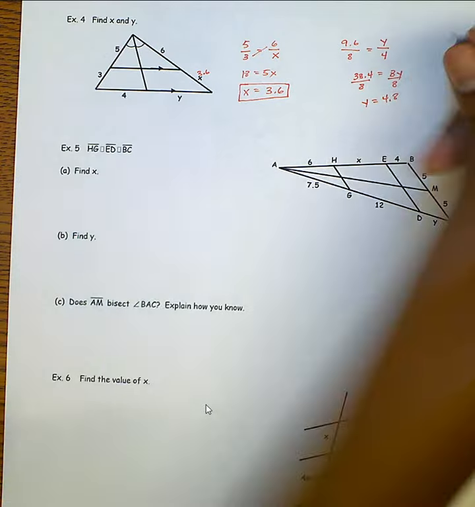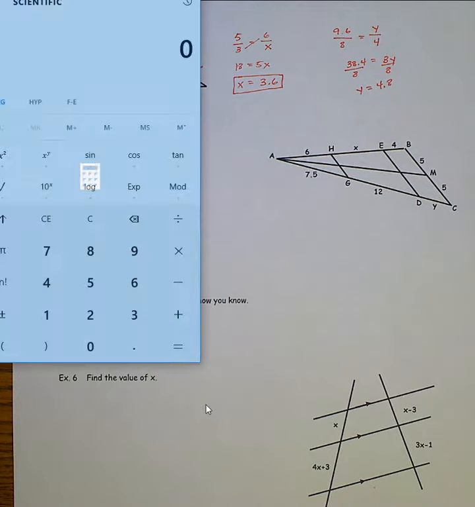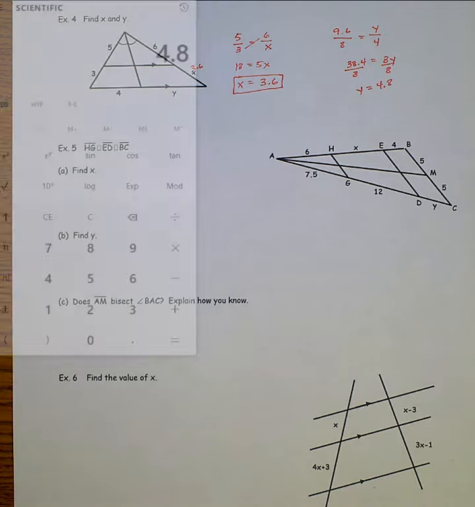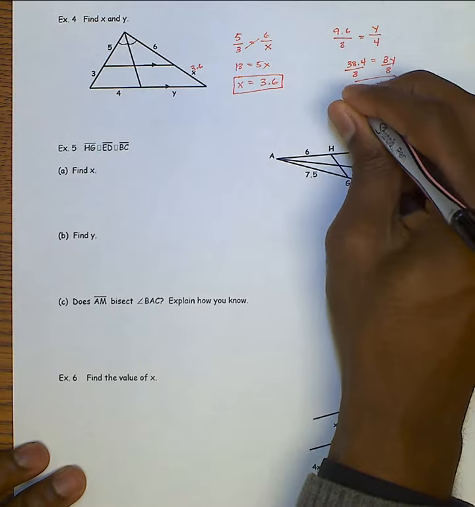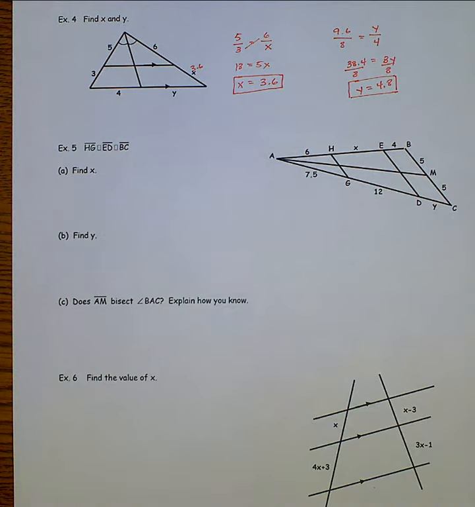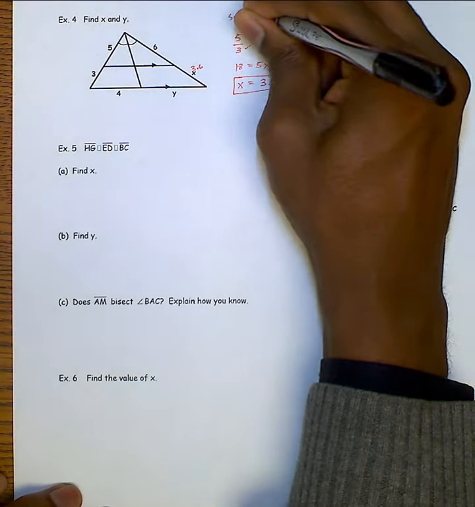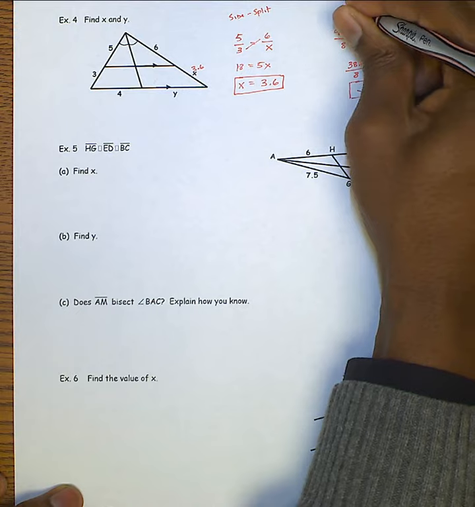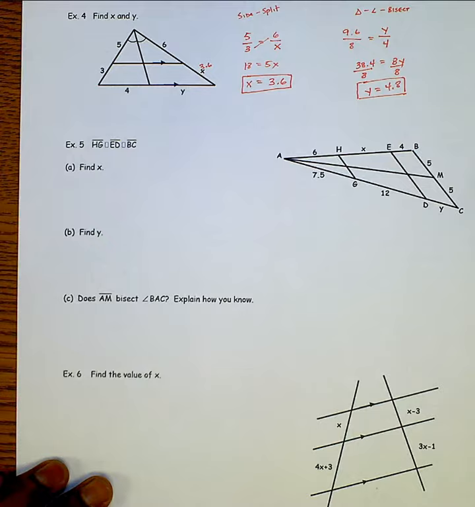I'll check on my calculator to make sure that I'm not making a mistake here. 38.4 divided by 8. There we go. And so that's how we use both the side splitter theorem here and the Triangle-Angle-Bisector theorem. So both in action at the same time.